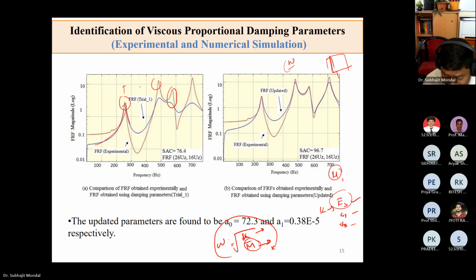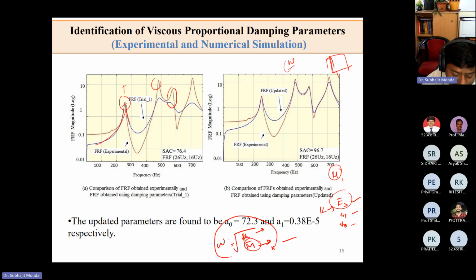Okay, next what you can do: in the first step, what you observe is that we will ignore updating the mass because we can measure the mass accurately. In the second step, we update the E value, G value, or Poisson ratio, so that we can update the frequencies. Once you update the frequency, the next job will be to update the damping parameter.